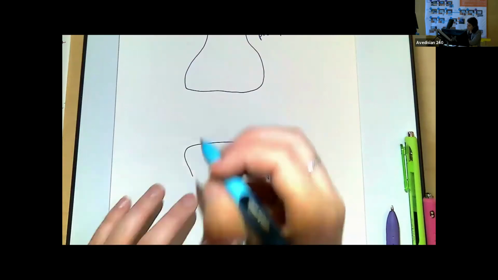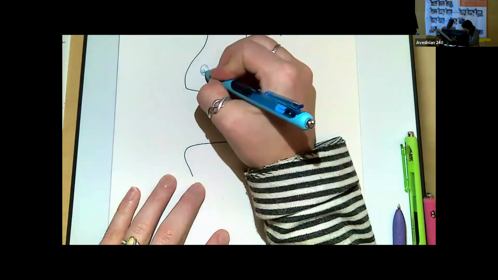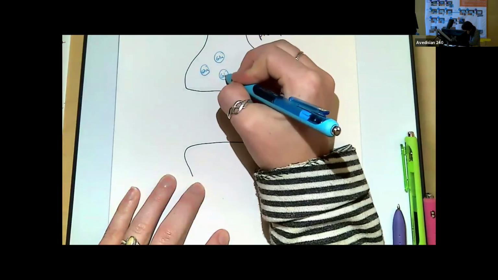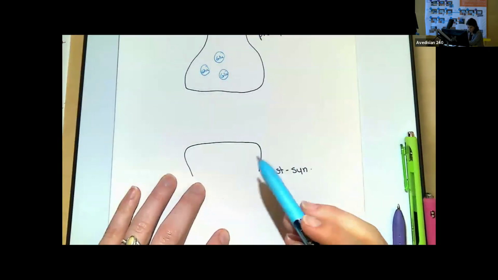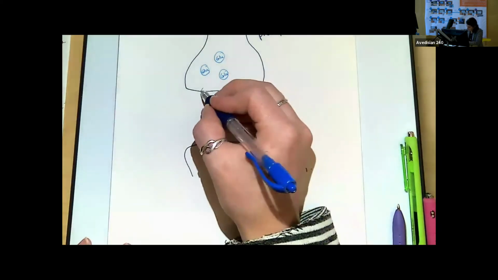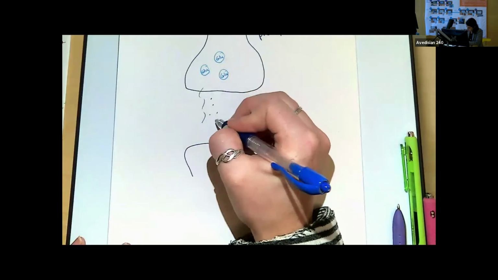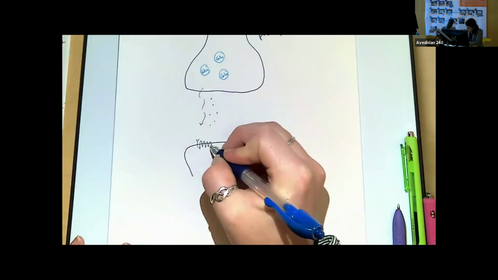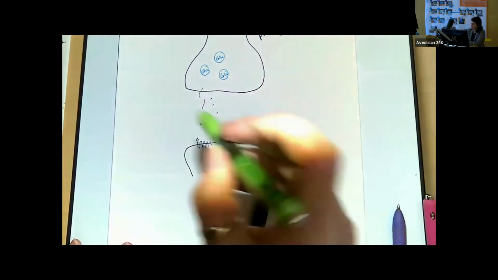Instead, we have glutamate that in normal conditions would be exocytosed. It's going to be here, and that's going to activate some sort of receptor and cause our signaling.